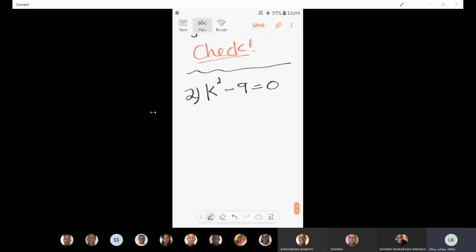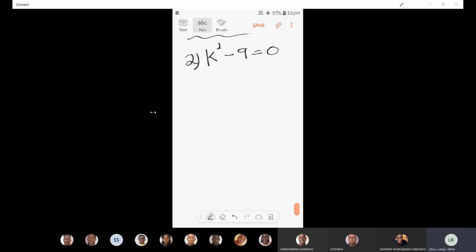Okay, so this one is very simple to do because you can factorize this using a difference of squares. So you have k squared minus 3 squared is equal to 0. So when you factorize this, this is k minus 3, k plus 3. Remember how we factorize the difference of squares?